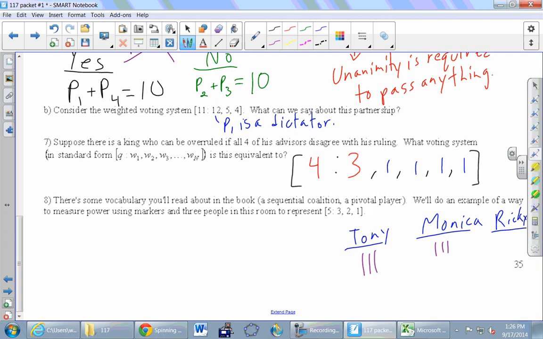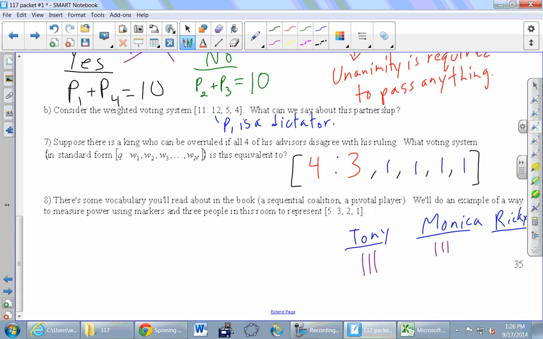Here's our conclusion, is that Tony was the pivotal player 3 times, Monica was the pivotal player 3 times, Ricky was the pivotal player 0 times. So if you had to assign percentages of the power, and we're going to distribute the 100% of the power to these 3 people, how much power does Tony have? 50%, right? He has exactly half of there were 6 times that somebody was pivotal, and Tony was that person 3 times out of 6.